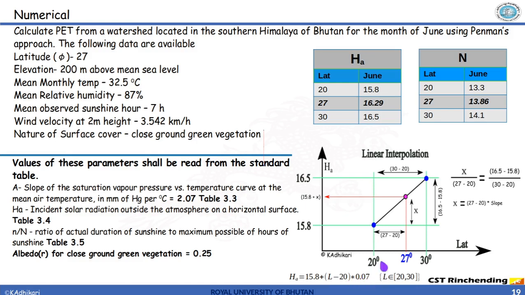0.07 is the slope of this line, which is y equals c plus mx, or mx plus c, right? So I have derived this equation. Be sure of the application domain: if the latitude is anywhere between 20 and 30, this equation is valid.